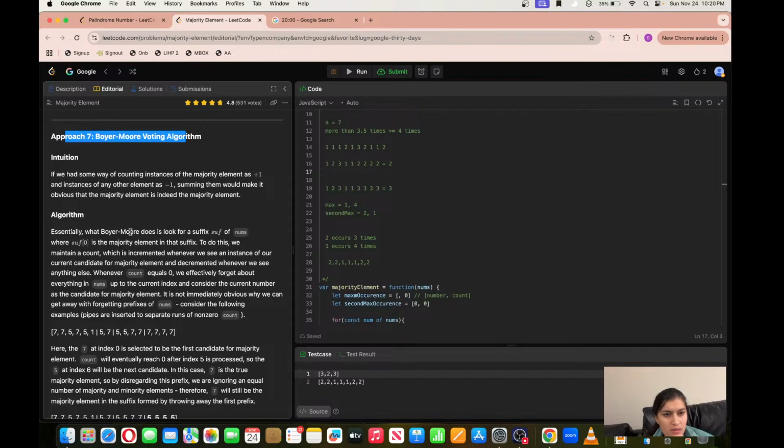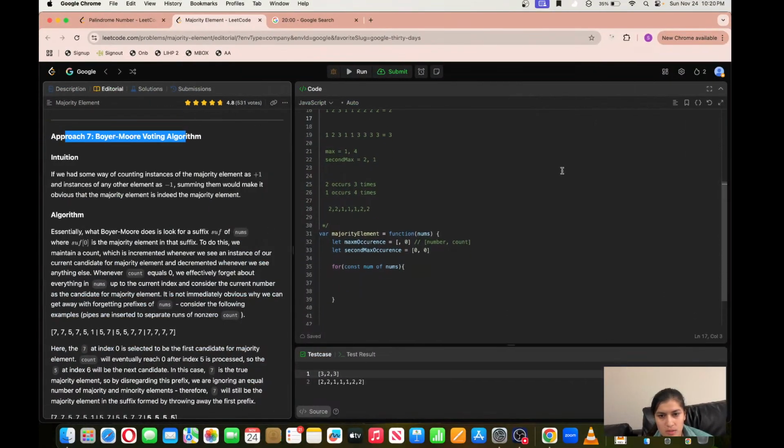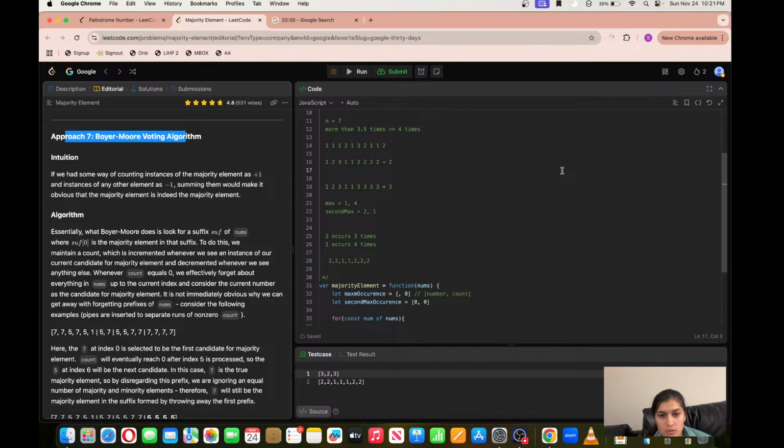I'm interested to know how this algorithm works, because it would be really interesting to know how to solve this in linear time and constant space.